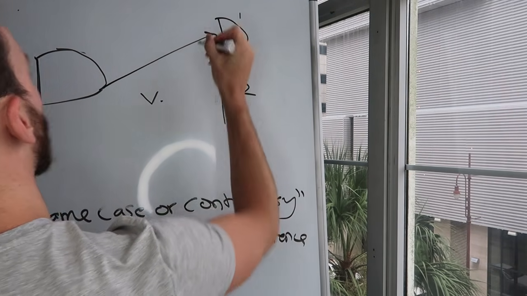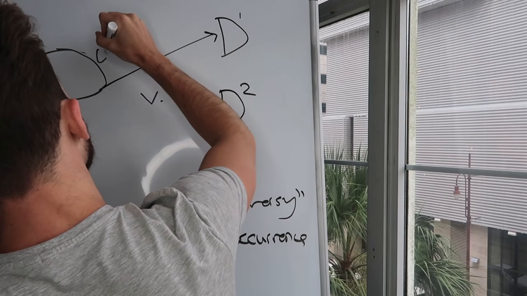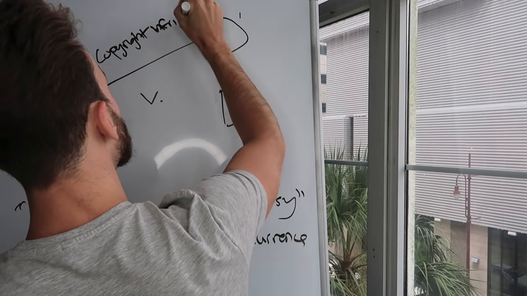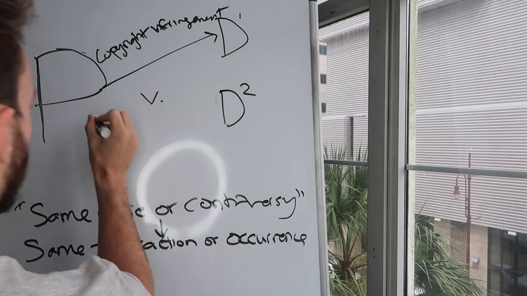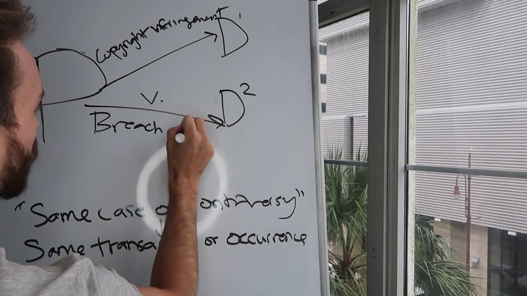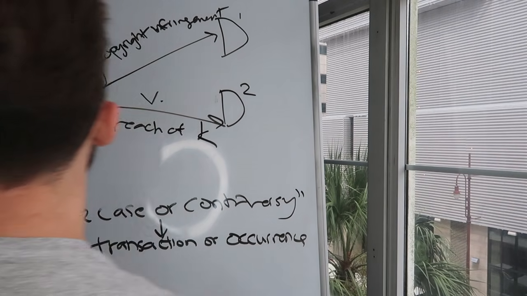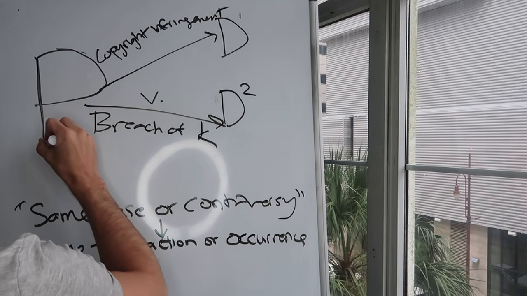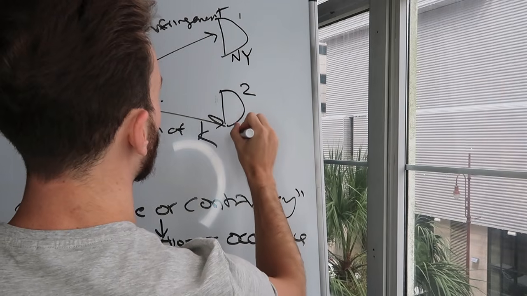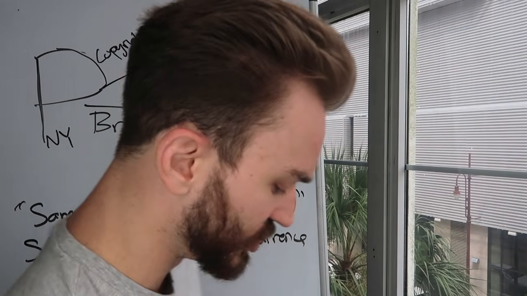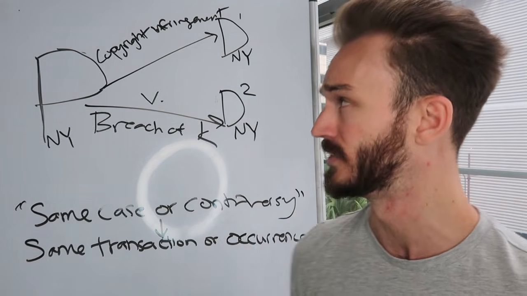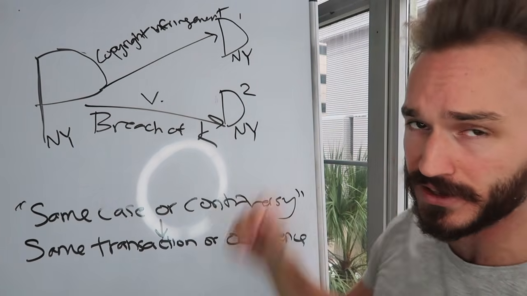You have a copyright infringement claim going here, and right here you have a breach of contract. And let's say again, plaintiff is a citizen of New York, and both the defendants are citizens of New York. So we're just taking diversity jurisdiction out of this analysis. So this is the exact same fact pattern as before, except now we have multiple defendants.